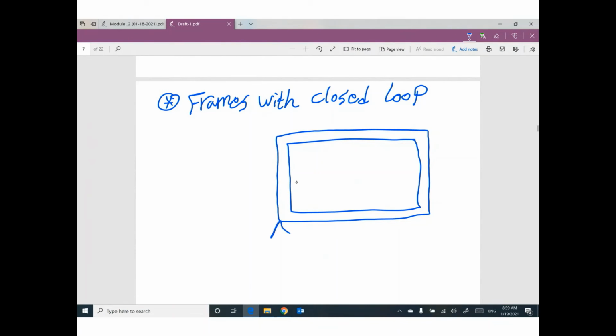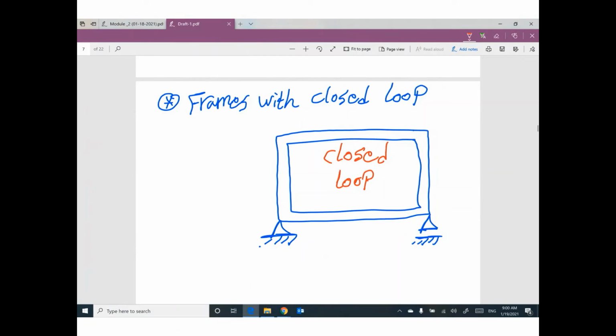And we have support here, hinge, and we have support here, roller, for example. What do you mean by closed loop? This square or this rectangle can be called a closed loop.